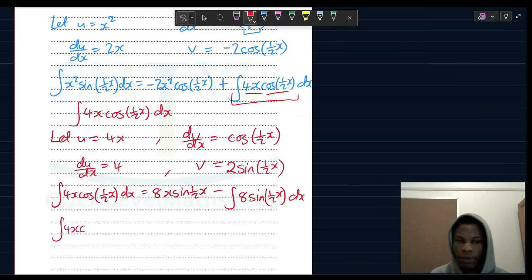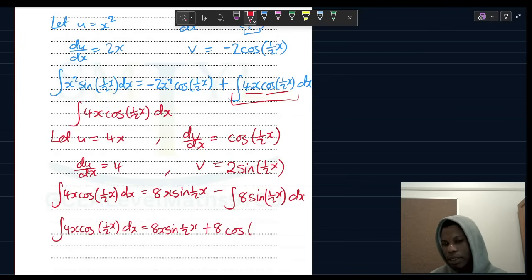So the integral of 4x cos a half x dx is equal to, that's 8x sine a half x minus, we need to integrate this here. So we've got the 8, integrate sine, you're going to get negative cos. So that negative sign will multiply with that negative. And so it becomes 8 cos a half x.